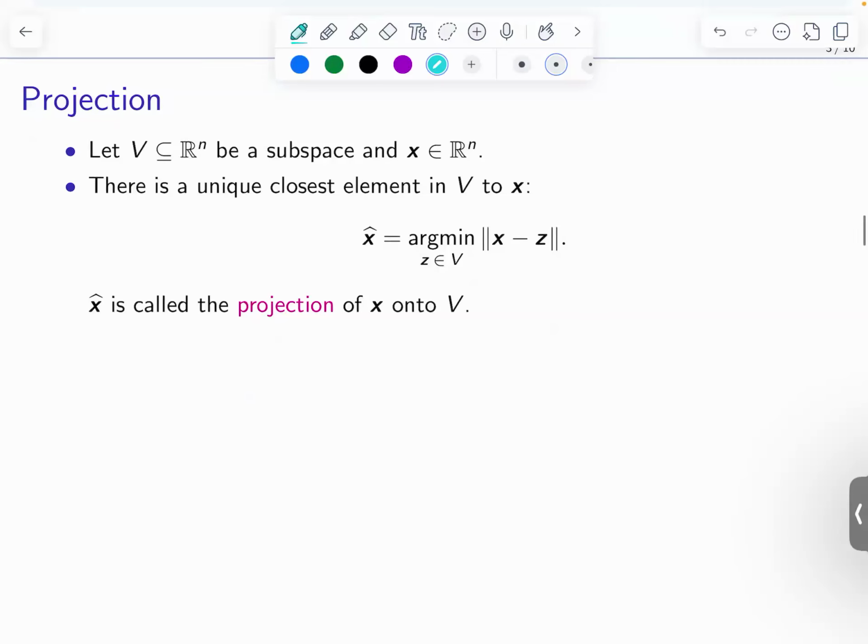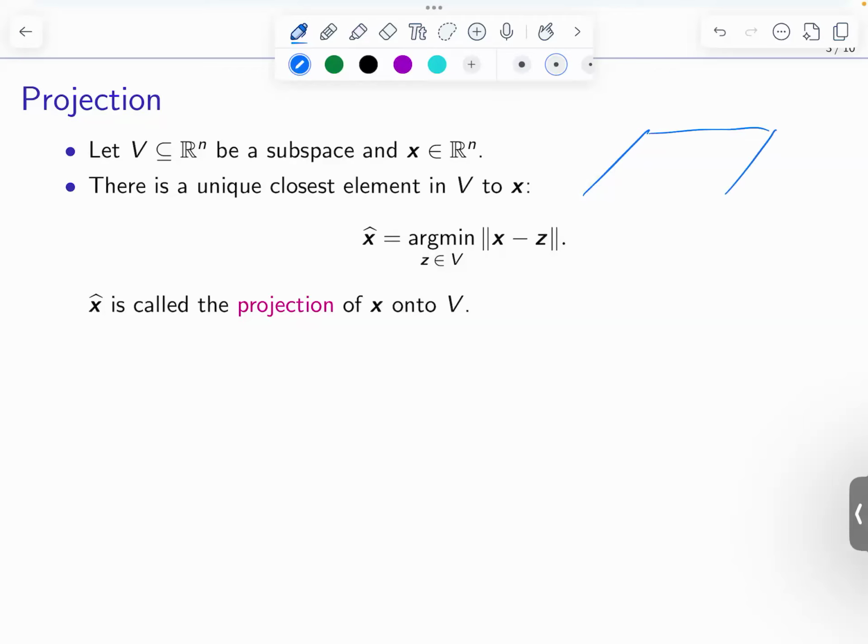Now I want to move on to the most important thing here: the projection. If I have a subspace V and another vector x, not necessarily on the subspace, I can define the projection to be the closest element in V to x.